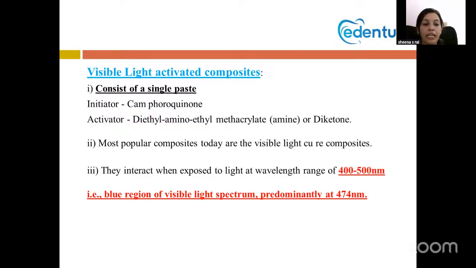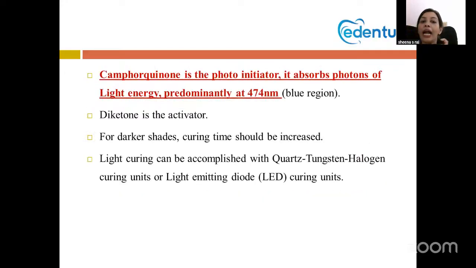Please keep this in mind, it is very important. Camphorquinone is the photoinitiator, because photoinitiators, especially camphorquinone, absorb the photons from the light which we give at 475 nanometers, that is the blue region.